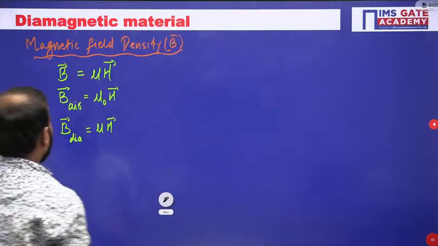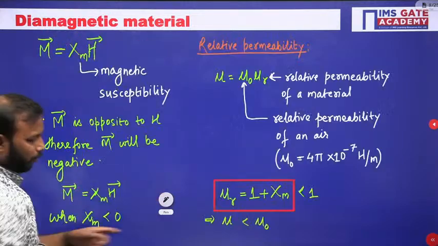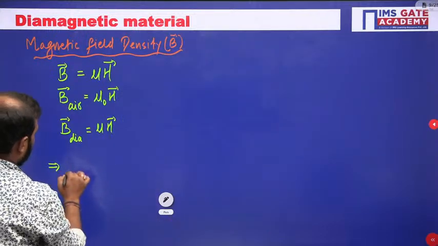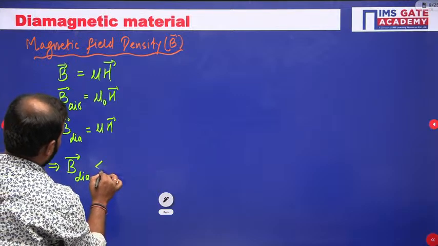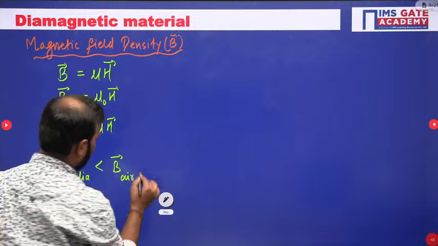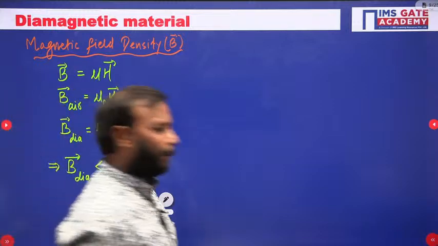Done. Now I can say that since mu is less than mu naught, this implies the magnetic field of the diamagnetic material is less than the magnetic field of air. Is it clear, everyone?